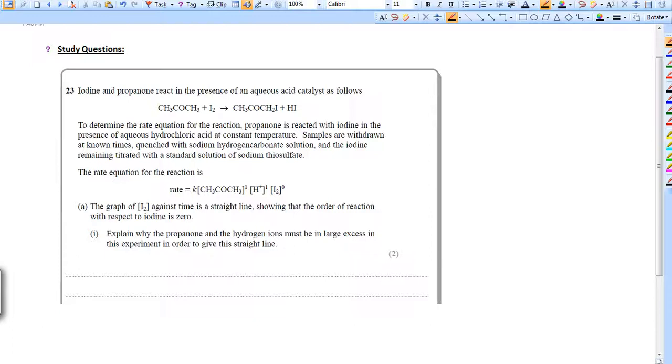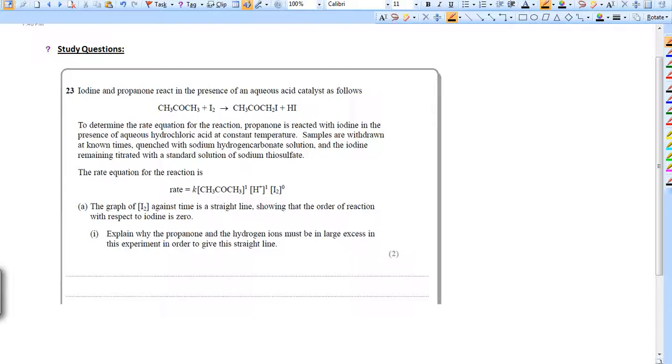To determine the rate equation for the reaction, propanone is reacted with iodine in the presence of aqueous hydrochloric acid at constant temperature.